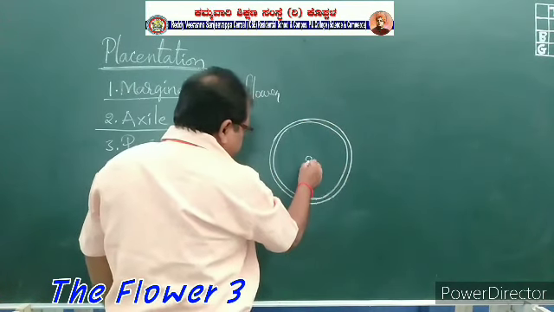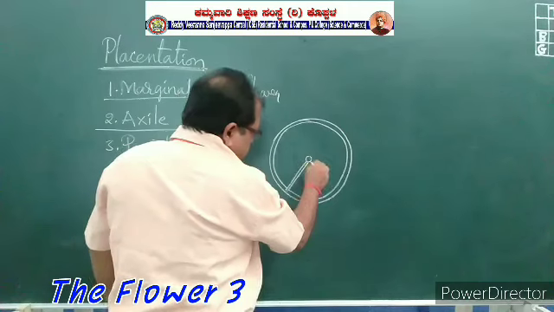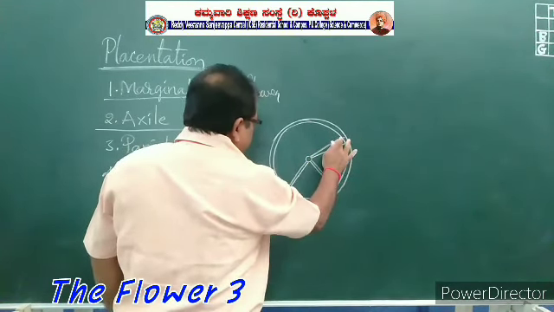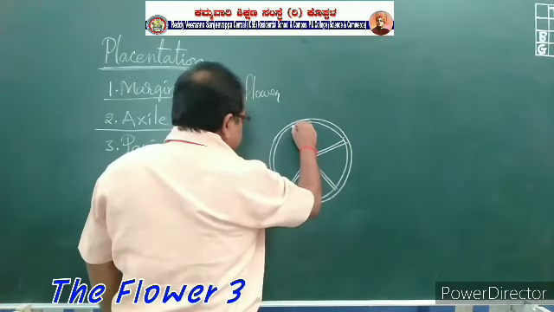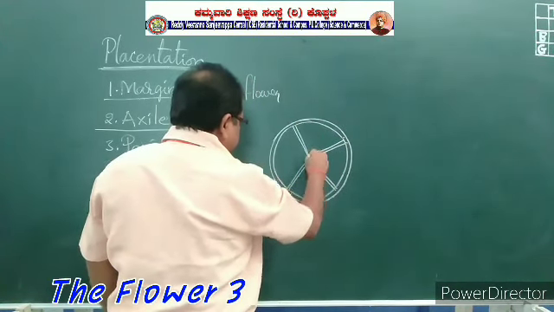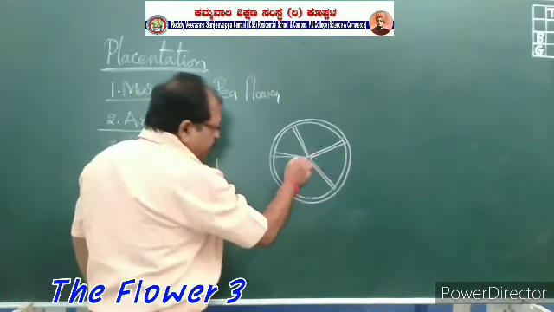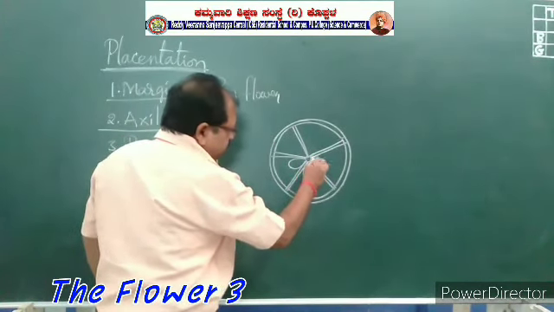From the central axis, the ovary is divided into locules, as I told you earlier, and each locule has ovules in it.